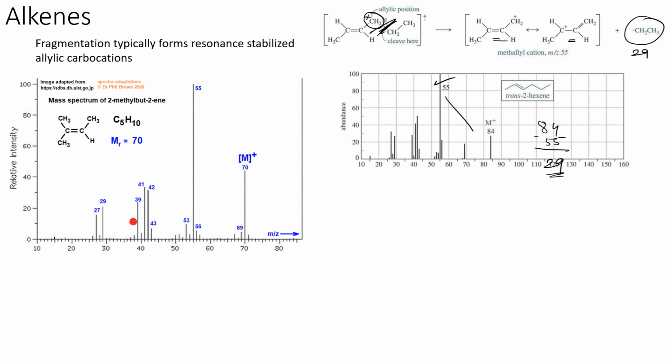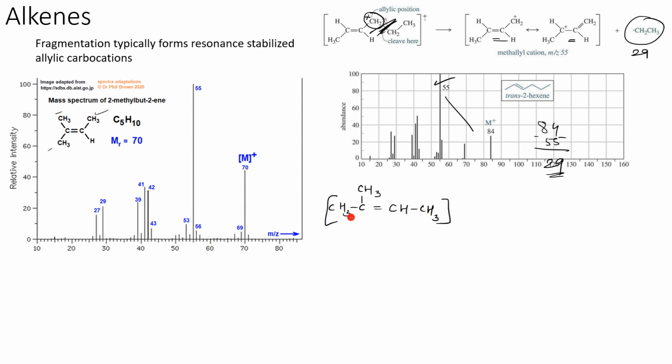Similarly, let's look at the alkene fragmentation of 2-methylbutene. Which is the allylic carbon atom? This is allylic, this is also allylic, so it can break anywhere. Let's write it down: CH3 C CH3 double bond CH CH3.